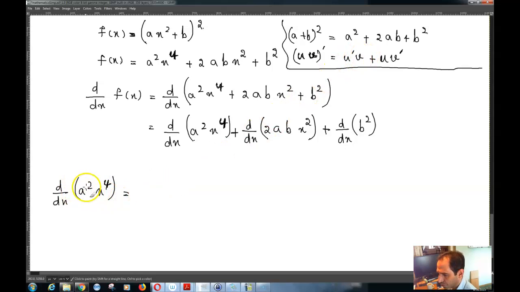That is equal to u prime, which is 0, times x raised to the power 4 plus u, a squared, times v prime, which is 4 times x raised to the power 3. So this is equal to 4a squared x cubed.